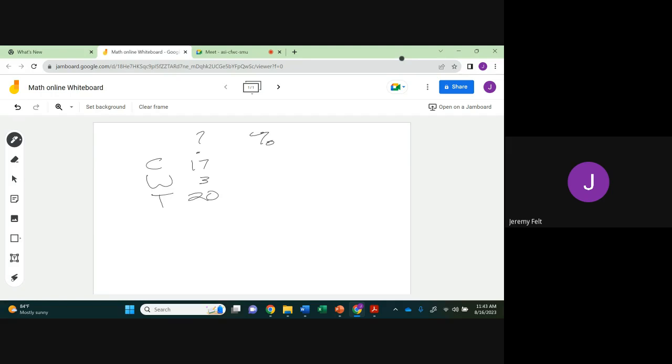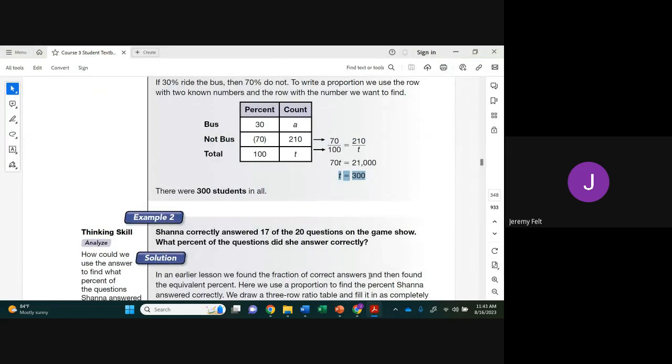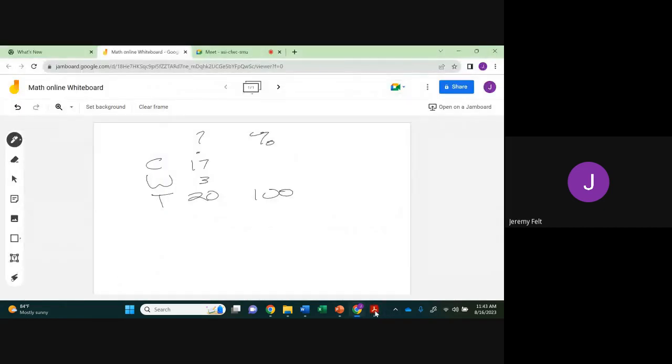Our total percent, well, there's 100% of the questions, so the total is always 100%. And we want to figure out what percent of the questions did she answer correctly. So we want to know how many did she get correct. So let's set it up 17 over 20.